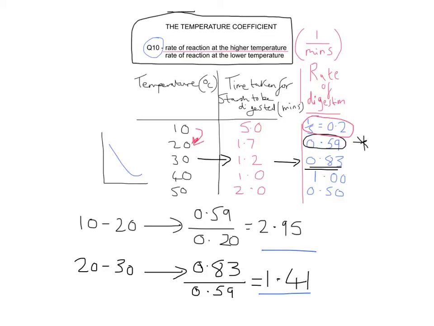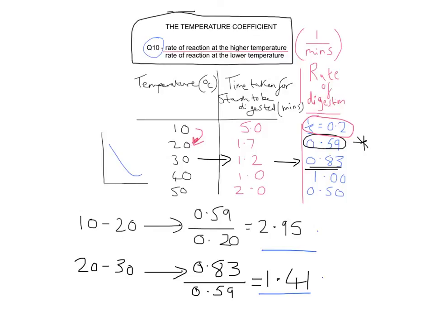All you have to do is look at these Q10 values. The bigger the Q10, the bigger that temperature coefficient, the bigger the impact of that 10 degree rise. And you can keep going into the example. You could do from 30 to 40, in which case you do 1 divided by 0.83 in terms of the rate. You could do the difference between 40 and 50, and you can compare all of those 10 degree jumps.